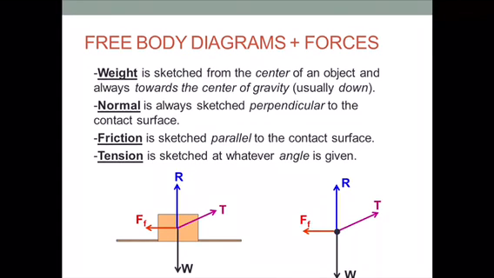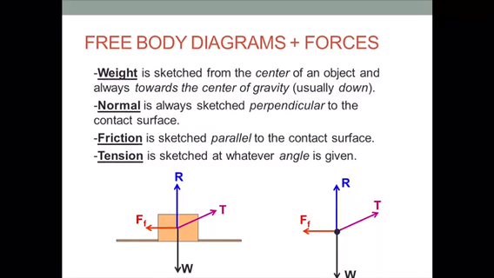Tension is the force that we pull with on this object. If you try to pull an object to the right, there will be friction in the opposite direction, to the left, and it's also perpendicular to the normal force, and it's parallel to the contact surface.